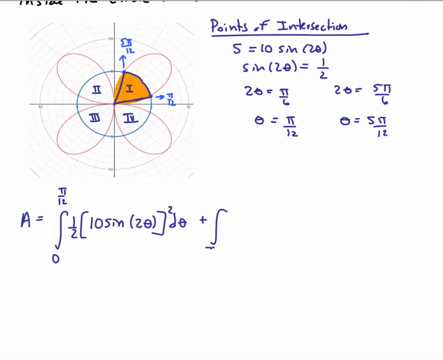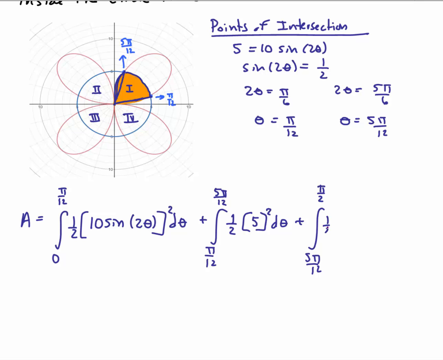Now I have another region from pi over 12 to 5 pi over 12. And that one's pretty easy to work with. That's just going to be this circle, which is just 5. So that's 5 quantity squared d theta. Then I have that tiny little wedge that goes from 5 pi over 12 all the way, and it comes down in here and it hits pi over 2.